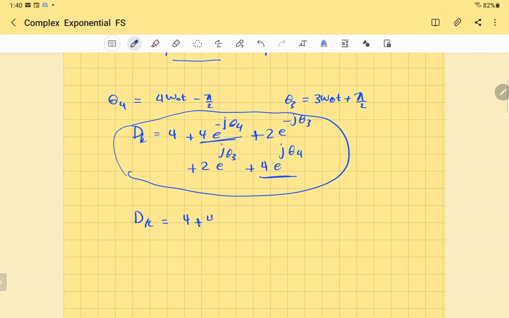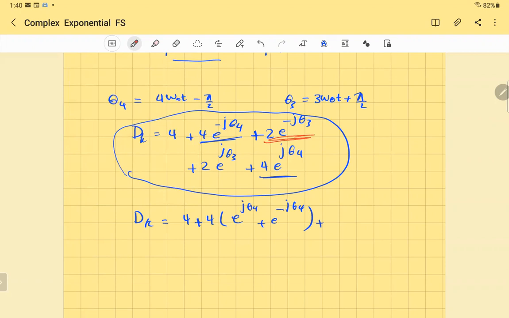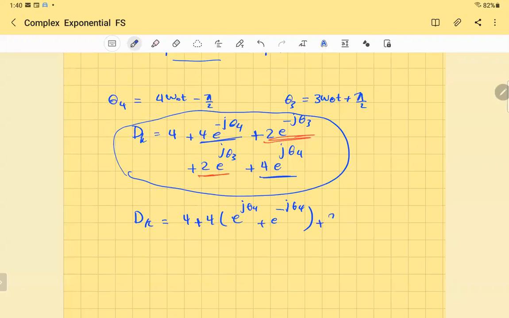You have 4 times e power j theta 4 plus e minus j theta 4, right? Plus the last two terms, 2 e power minus j theta 3 and 2 e power j theta 3. So you have 2 as a common factor, e j theta 3 plus e minus j theta 3.